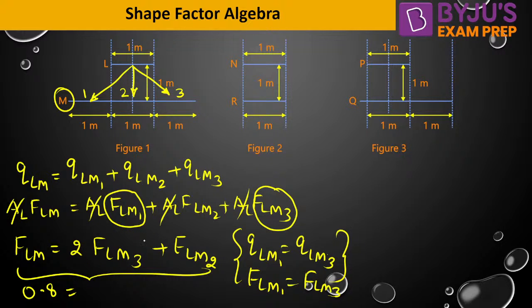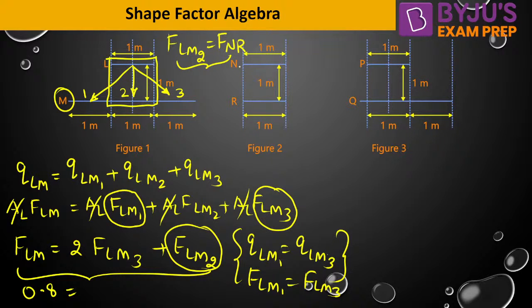This FLM2 can be equated with FNR. FLM2 will be equal to FNR, isn't it? They have the same areas and the same orientation. So FNR is equal to FLM2, which is given as 0.4. So we can say it is twice FLM3 plus 0.4.